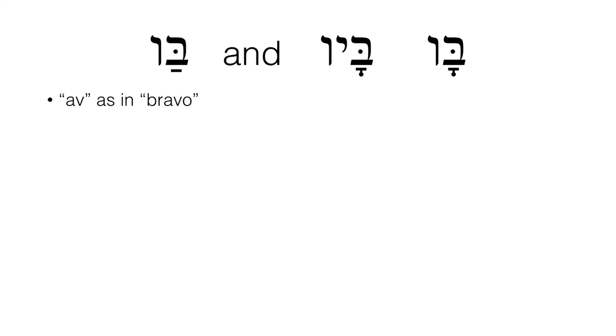In each case, you would pronounce it as av, which makes sense if it was a kametz plus a vav, or a patak plus a vav, but it doesn't make sense if it was a kametz plus a yod plus a vav. So this is the only one, that one in the middle, where you might say, that's strange, and you need to remember how to pronounce this diphthong different from what you might expect if you were sounding it out.